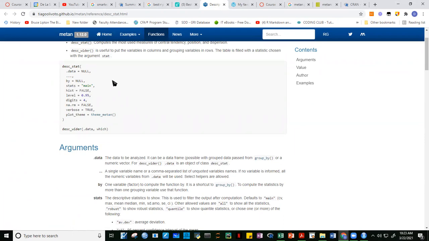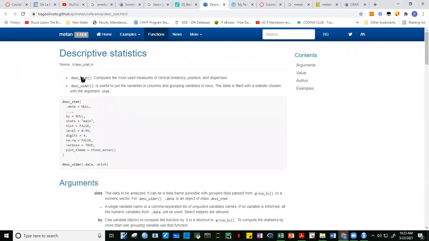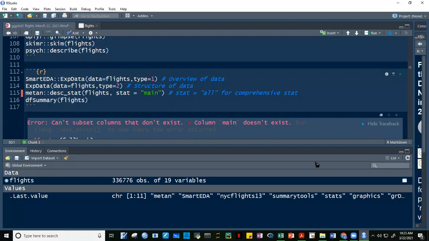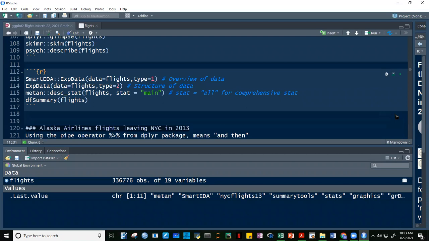Can you see the screen? So ito yung syntax niya, desc_stat, this is Metan package. Descriptive statistics using Metan. So desc_stat, then dapat stats, hindi stat. Dito ako nagkamali. So isang letter lang na mali, guys. Hindi na nag-run, ano? So this should be stats.